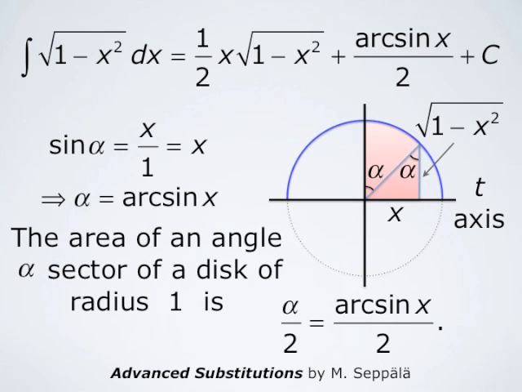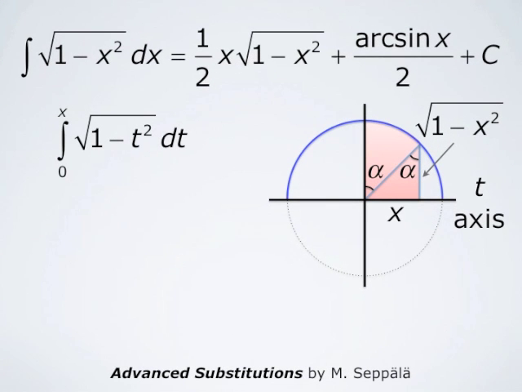Now radius is 1, so we get the angle alpha divided by 2 pi times pi, which simplifies to alpha over 2. And alpha is arcsine of x, so the area of this sector, the colored pink sector of the disk, is arcsine of x divided by 2, and this is the second term in the formula for the integral of square root of 1 minus x squared dx.